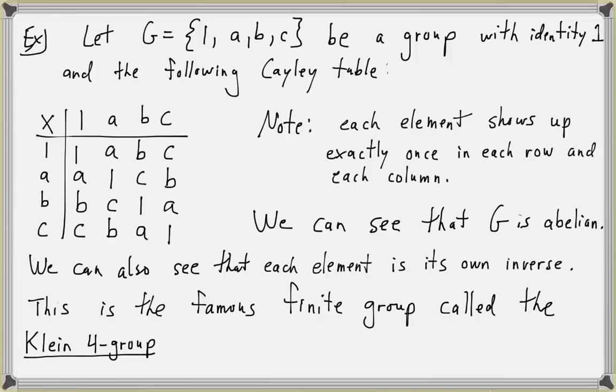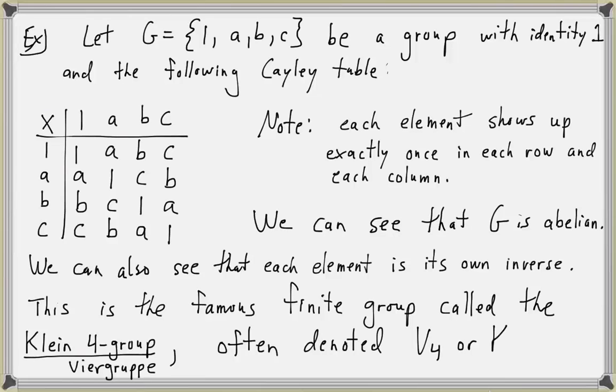And in German, that's pronounced Vier group. So this group is often denoted as V4, for the Vier group, or some texts use K4 for this group.